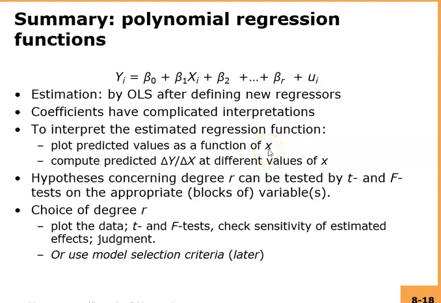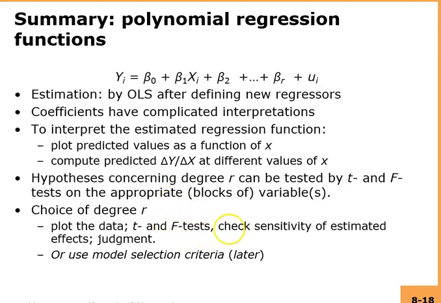Whenever you look at the line of best fit, or in the case of polynomial functions, the curve of best fit, it actually gives you a fairly good idea of what the relationship actually looks like. So it's always a good idea to do that. And then you can compute the predicted change in y over change in x at different values of x. So change in y over change in x is simply the marginal effect of x on y.